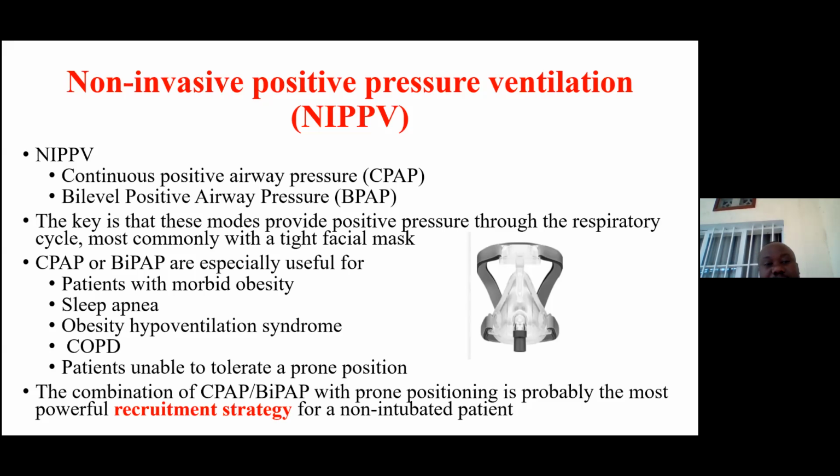So the key is that this mode provides positive pressure through the respiratory cycles. Commonly it is a tight face mask you see around here. When you put it on the patient, the patient is on mechanical ventilation, but without intubation. It is non-invasive.